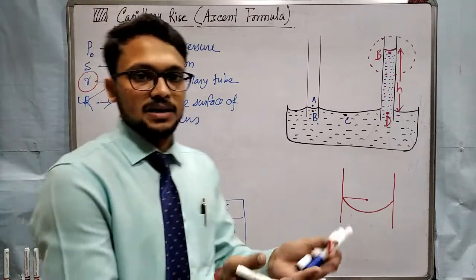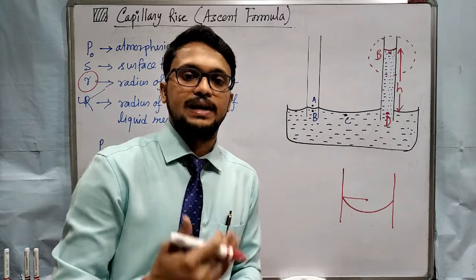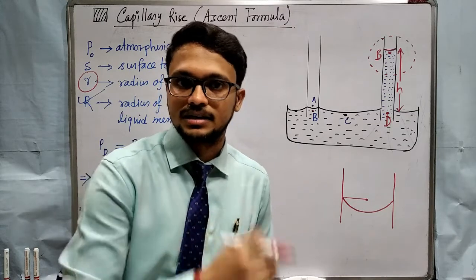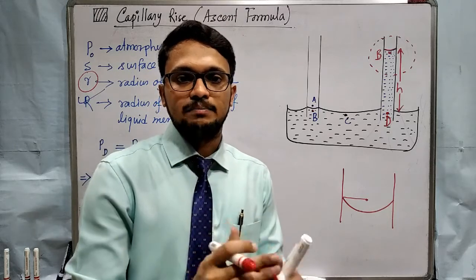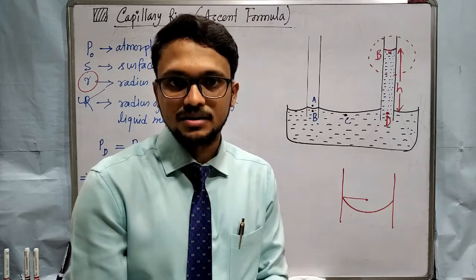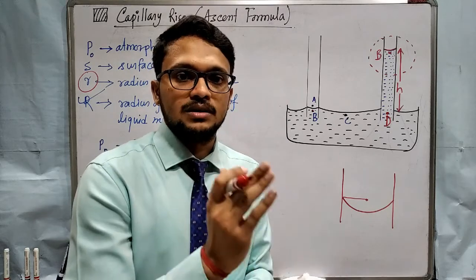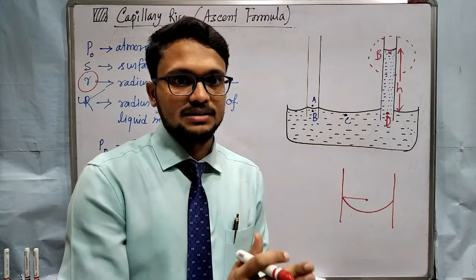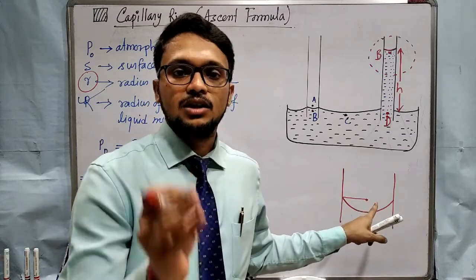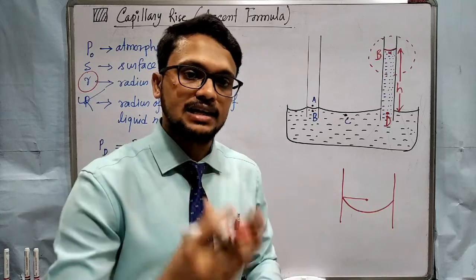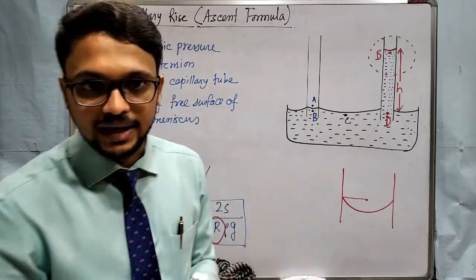Concave, convex mirror, you have read. How do you find the radius of curvature of concave and convex mirror? Because concave and convex mirrors are a part of a large sphere. The center of that sphere is the center of curvature of the convex or concave mirror, and the radius of the sphere is the radius of the mirror.